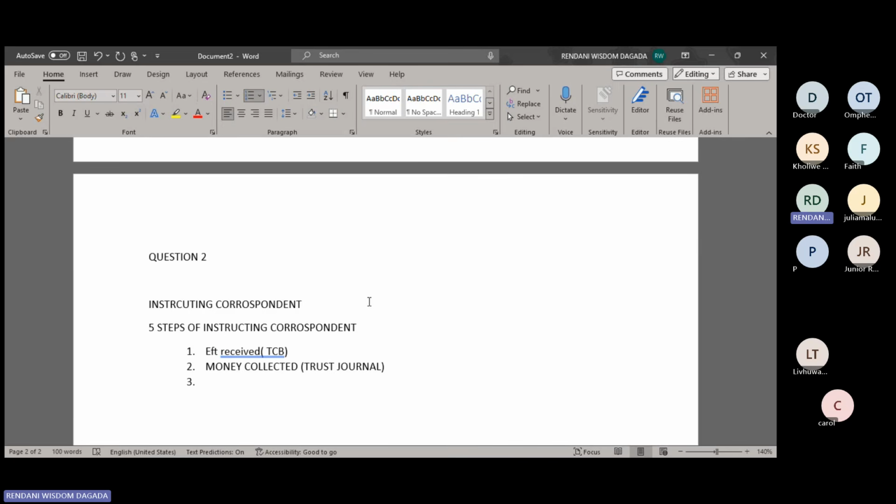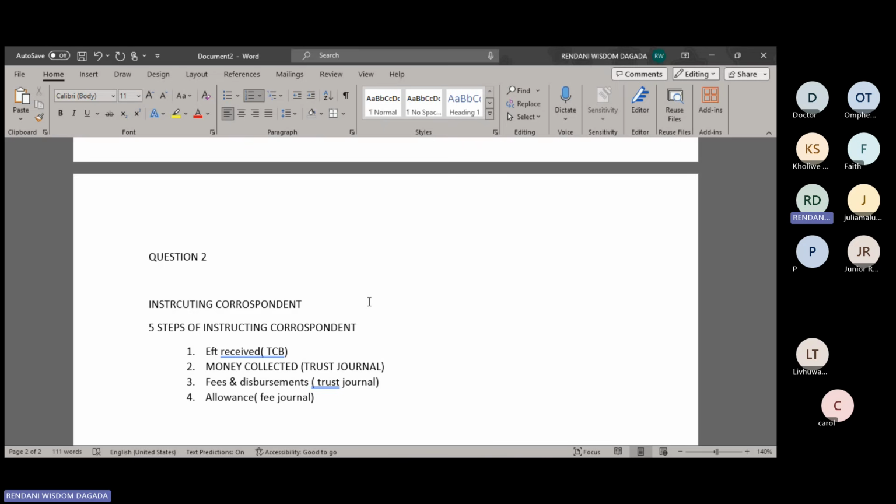Then step number 3, you're going to show your fees and disbursements. The book that you're going to use to show this is going to be your trust journal again. You show this in a trust journal. And then number 4, you're going to show your allowance. To show an allowance, you use a fee journal.